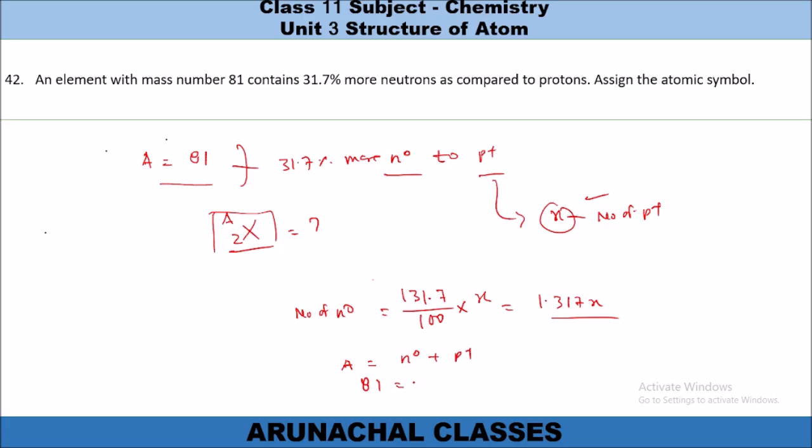So x plus 1.317x, that is 2.317x, equals 81. Then x equals 81 divided by 2.317, which is 34.95, approximately 35. So we can say that bromine has atomic number 35 with mass number 81.